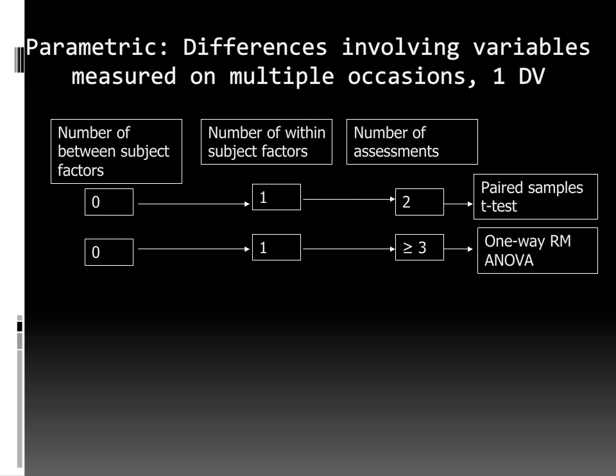The within subject factor, time, is assessed on 3 or more occasions, and there is only 1 dependent variable, anxiety levels. There are no between subject factors. Therefore, it is most appropriate to run a one-way repeated measures ANOVA for the analysis.